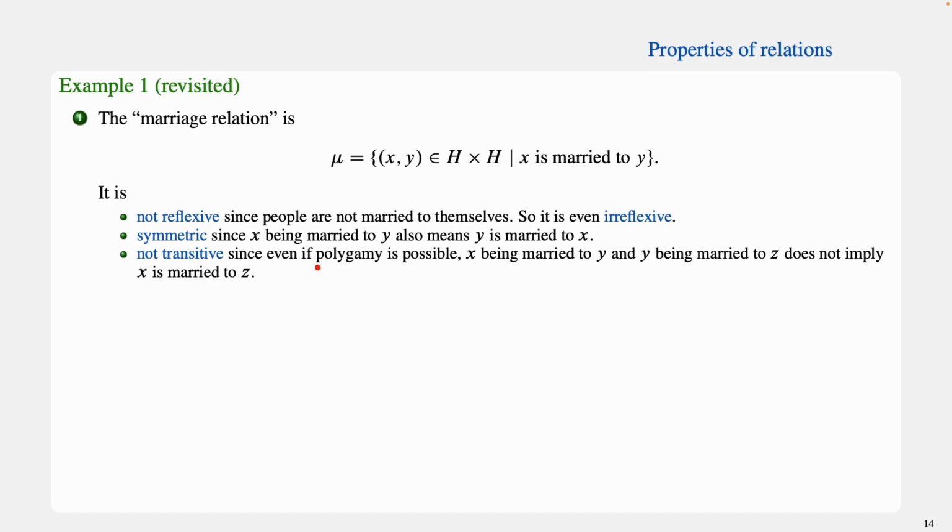So even if we think it possible that polygamy exists, it is not clear that if X were to be married to Y and Y is married to Z, this would imply that X is married to Z. Now, if we would enforce a very, very strict monogamy, where every person X can only be married to precisely one person Y, then this actually would turn out to be transitive by the symmetry of the relation, but that would be a trivial statement then.